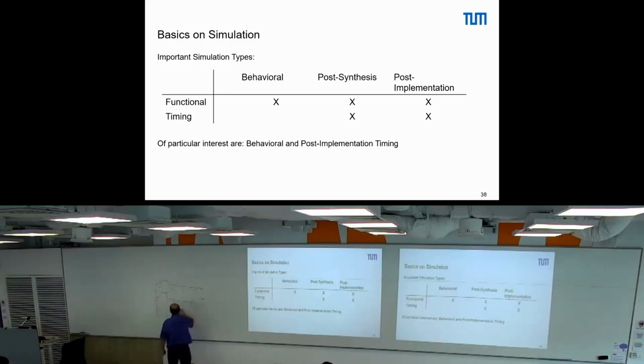Good. Each of these gates has some timing. These times are just random, but the relation should be somehow okay. So we have maybe a T AND where we say this is somewhere between, let's say, 1 nanosecond and 1.2 nanoseconds.